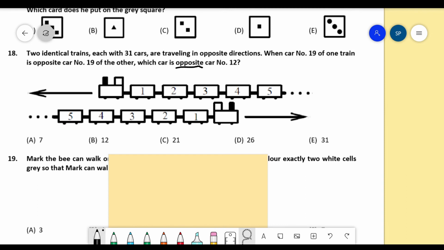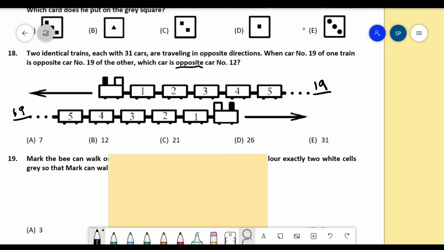Let's underline opposite. If they're going in opposite directions, that means one's going this way and another's going this way. So what they're asking is, if car number 19 from this train and car number 19 from this train are meeting at one point at the same moment, then where car number 12 from this train is, what car would it be facing, with the number, of course.